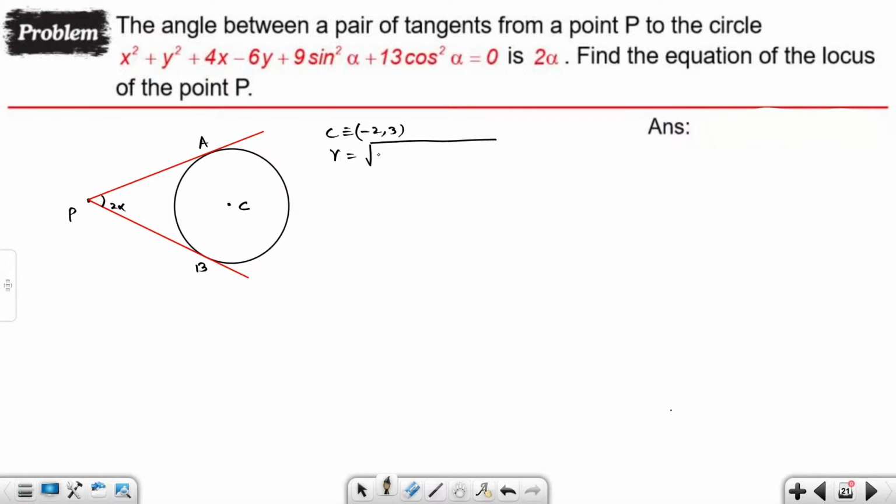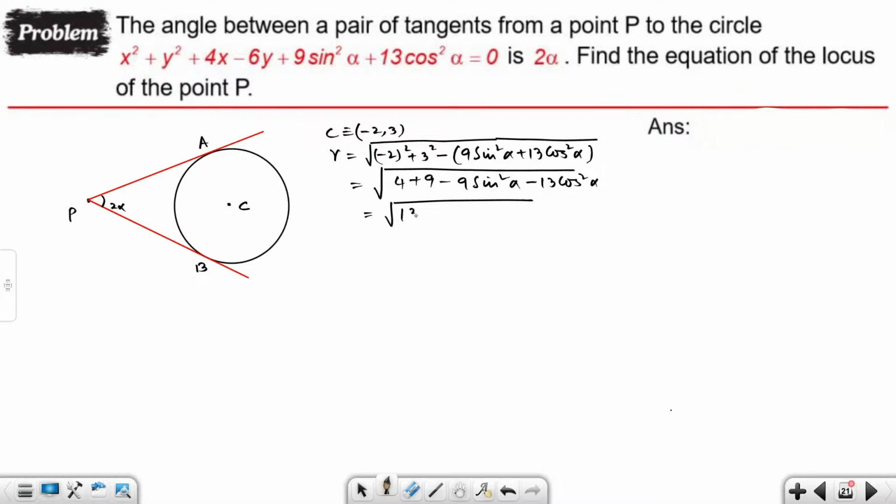root over minus 2 whole square plus 3 square minus 13 cos square alpha. Okay. So we are getting actually root over 13 minus 13 cos square alpha minus 9 sin square alpha.